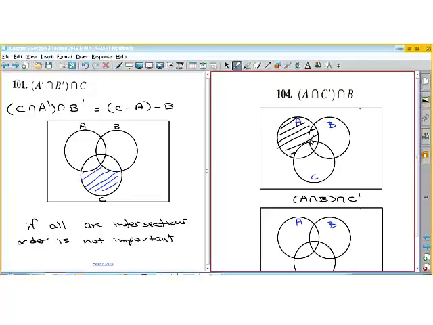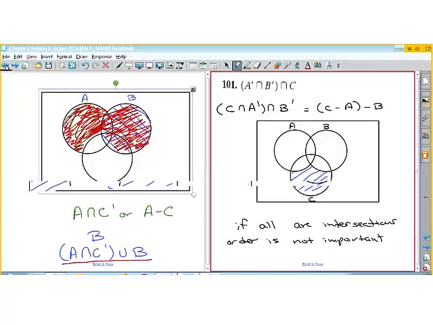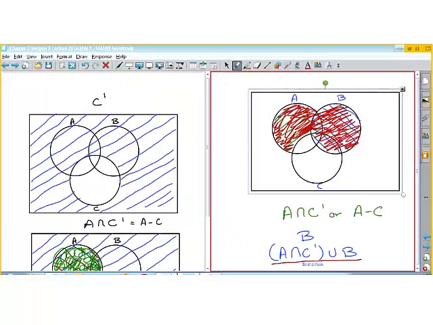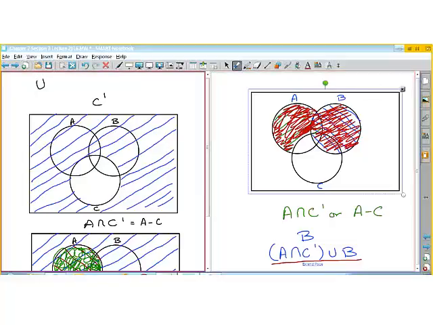The complement of something is everything outside it. If I wanted to know what the universal set is, I just color everything in.